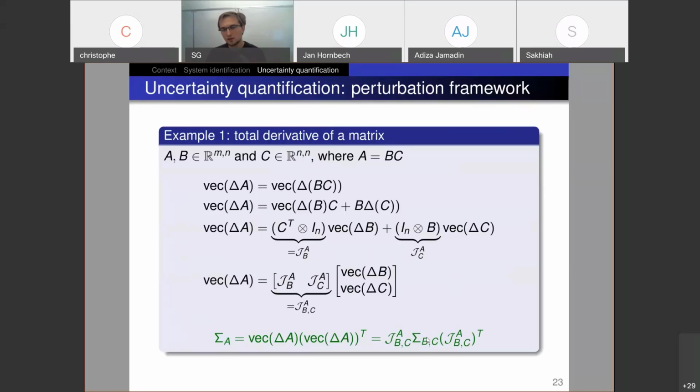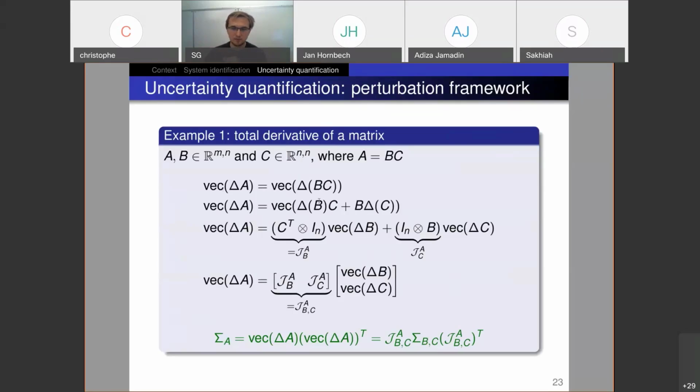Here I prepared a small toy example where we have three matrices, A, B, C, and A is the product of B and C. Let's define a first order perturbation of A, which is vectorized, and we write it here. Vec delta A equals vec delta BC.